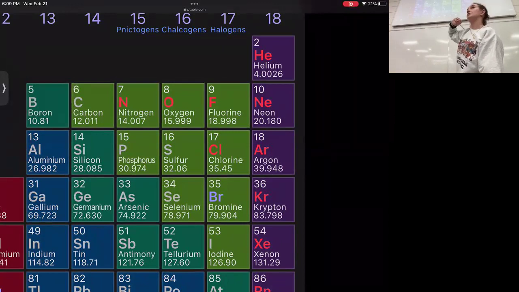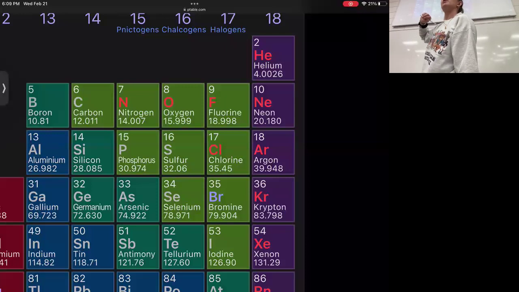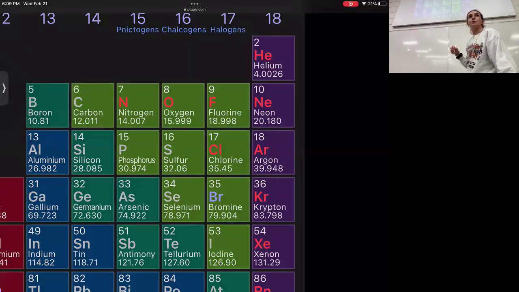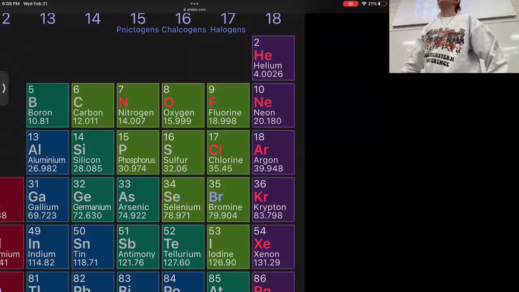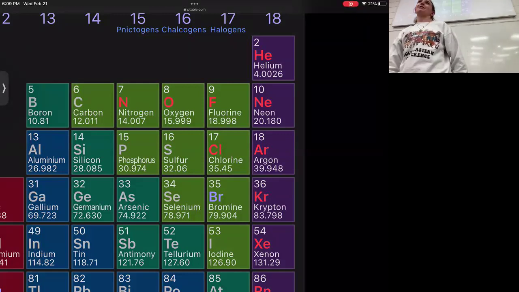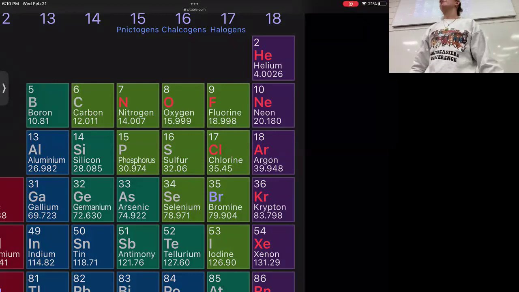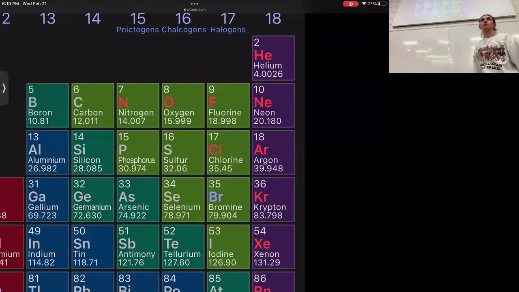Your noble gases. So what phase do we think oxygen is in? Gaseous phase. What do we think sulfur is in? Not a gaseous phase. Right? What else do we know about oxygen? It's diatomic, good. So if we have two oxygens, what's the molar mass of oxygen? 32, right?